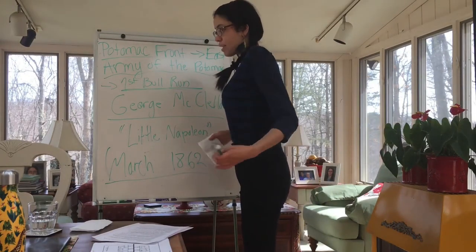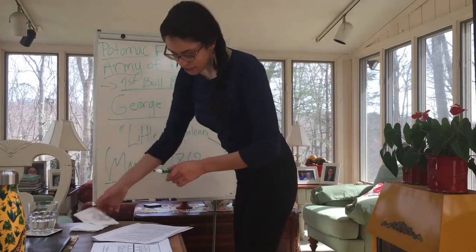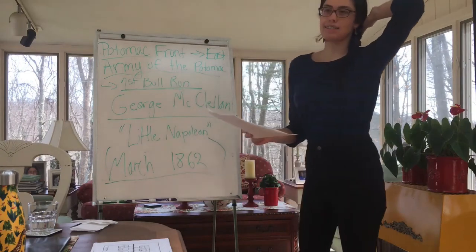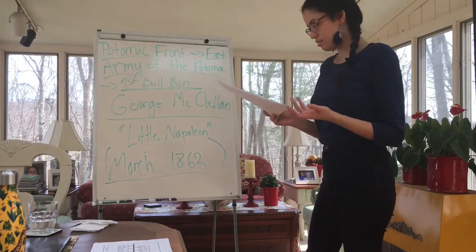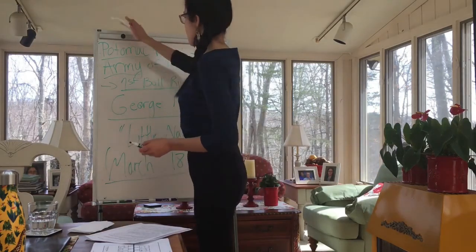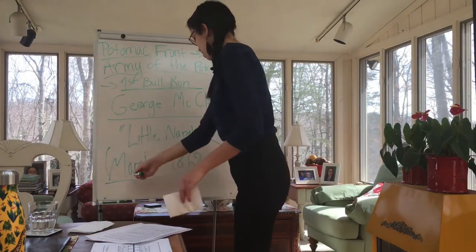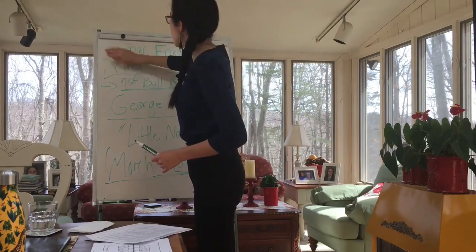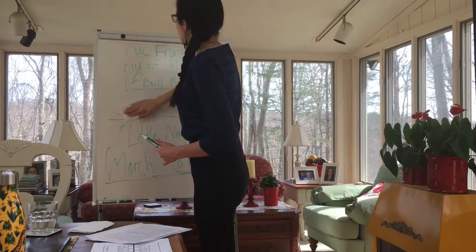So that's a problem. And Lincoln begins to realize how big of a problem this is, and starts thinking that he's going to need a new general. He doesn't necessarily pick one yet, but this is when he first begins to realize, after the failed attack on Richmond in March of '62, that the Union Army is not going to win any wars if they're being led by McClellan.